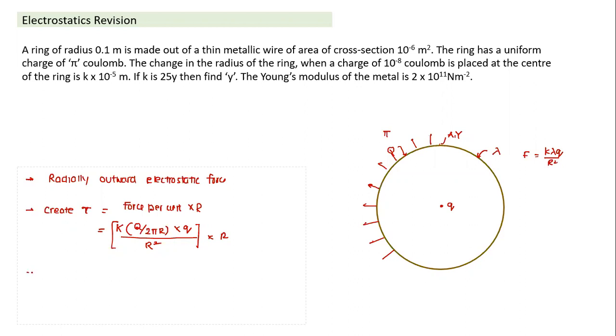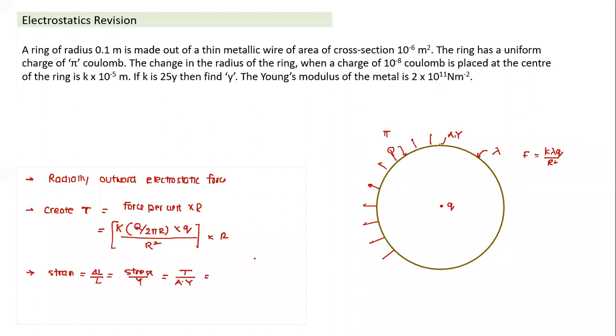So tension is created. What is the effect of the tension here? The tension will create stress and will create a strain. What is the strain equal to? The strain is equal to delta L by L, which is equal to stress by Y. So if tension is T, we divide by the area of the ring, A, and Y, and I get the strain.